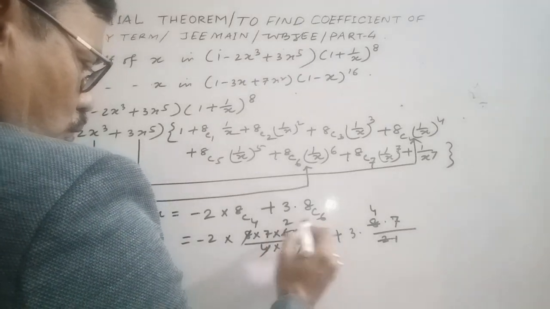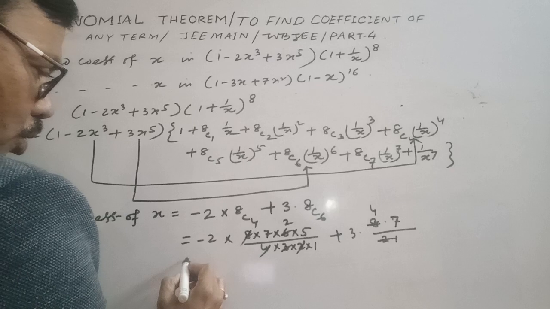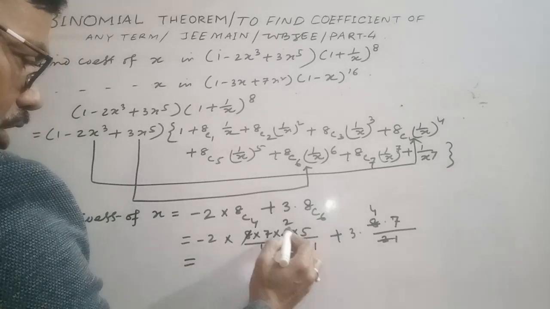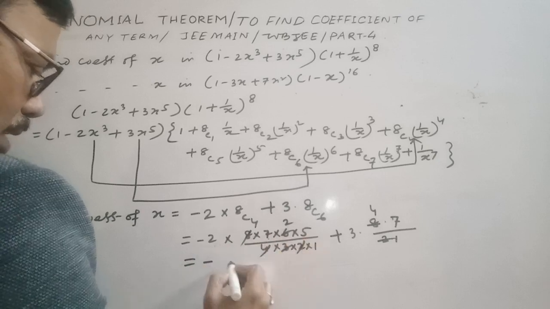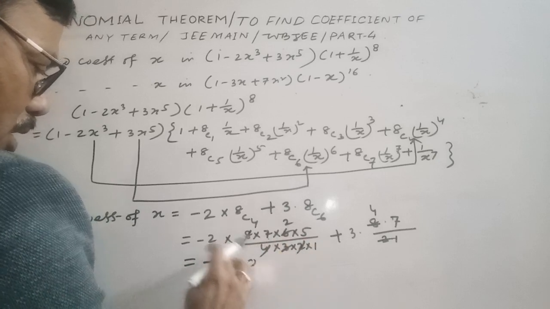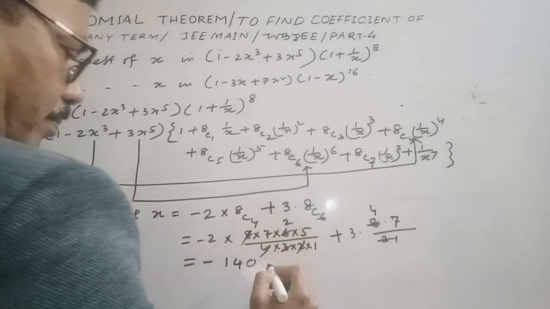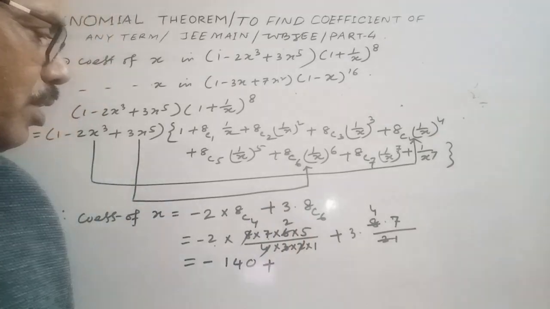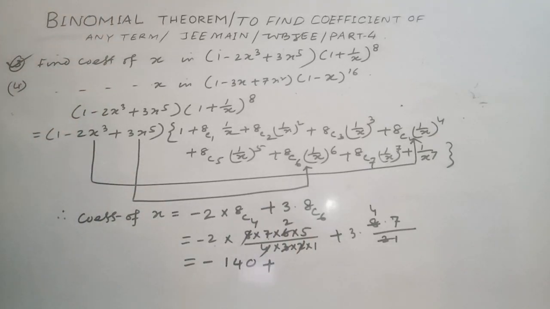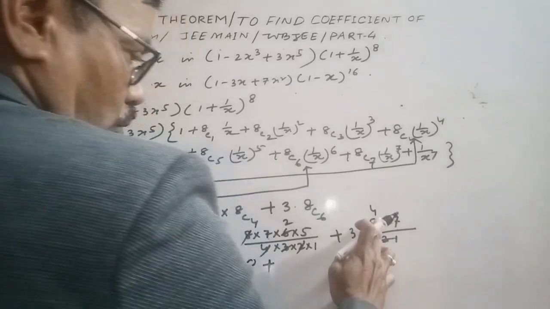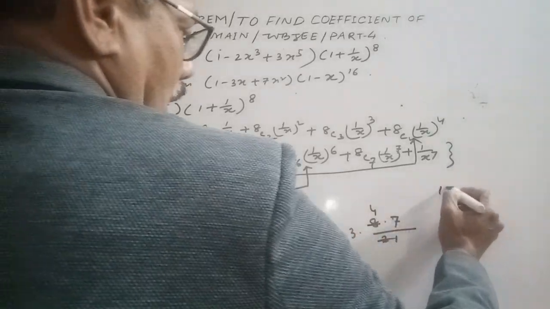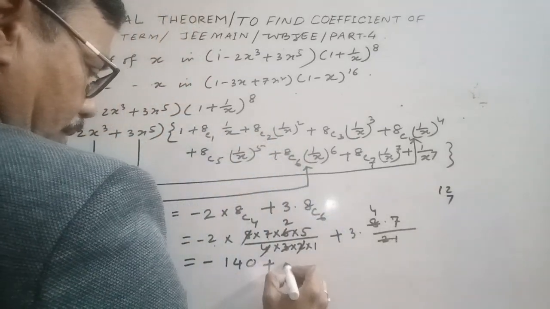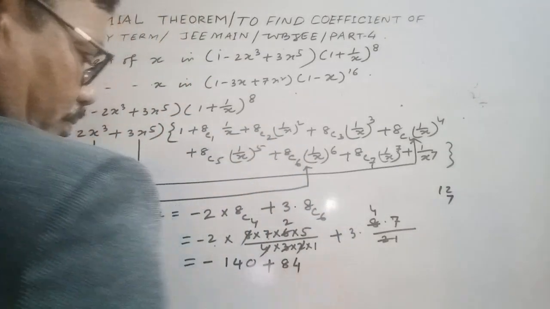3 into 2. So, minus 14 into 10, minus 140. 14 into 10, plus. This is plus 12 into 7, 12 into 7, that is 84.